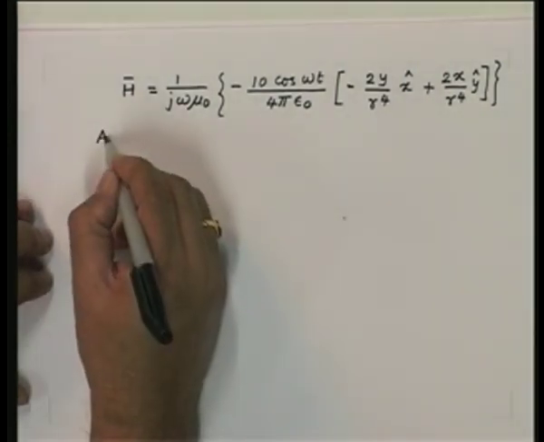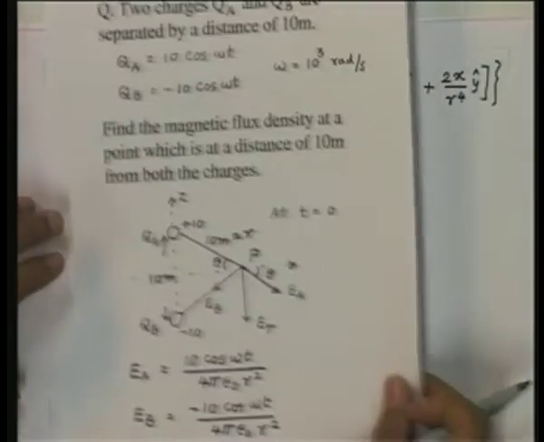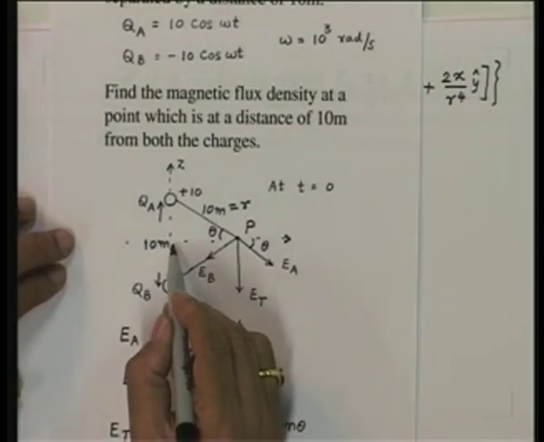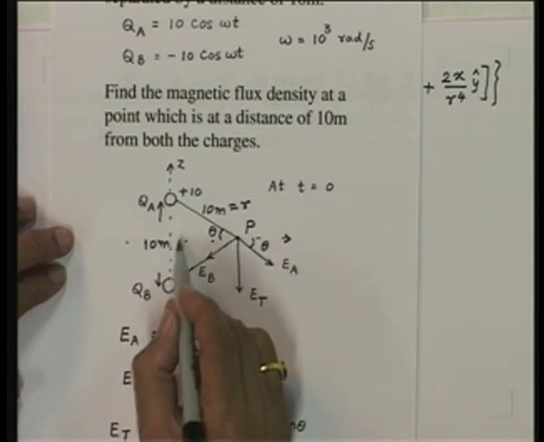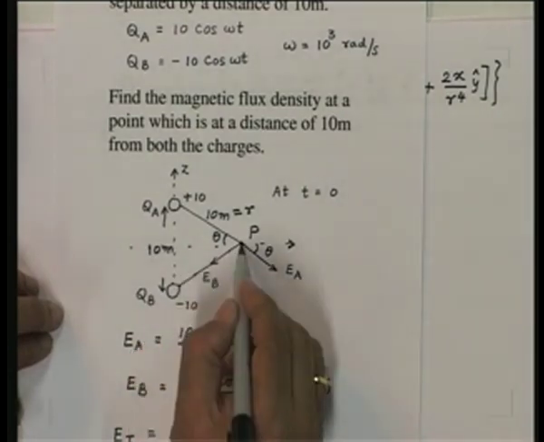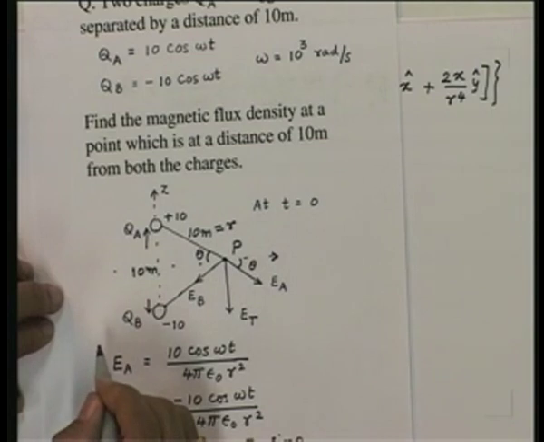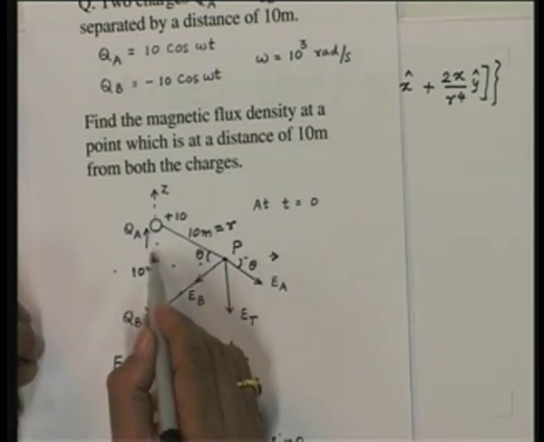Now at point P, where we want to find out the field, this quantity is r for the total one. So I can find out from here this quantity, which is r, which is equal to 10, and x is equal to this square minus this square.